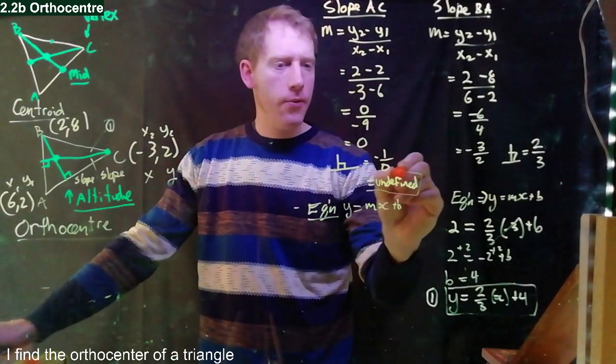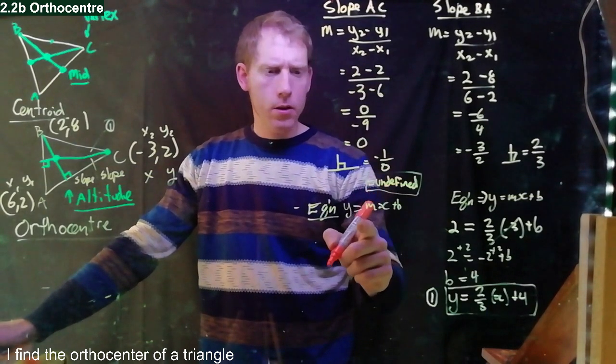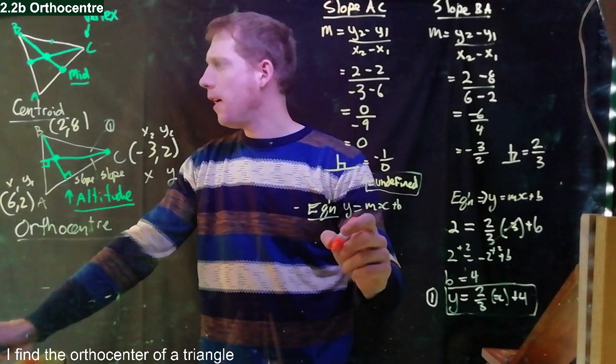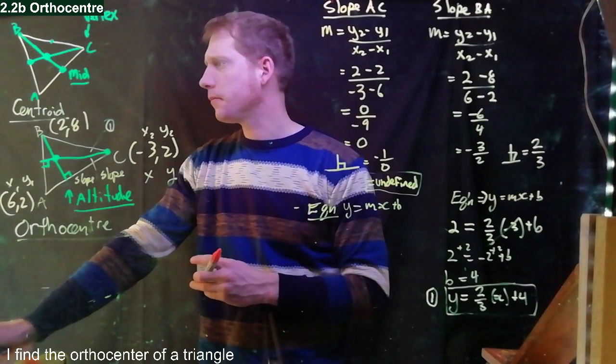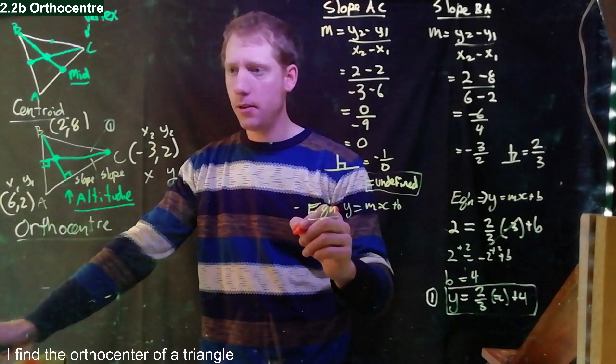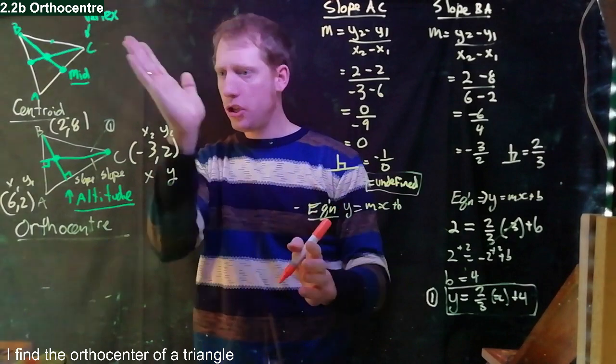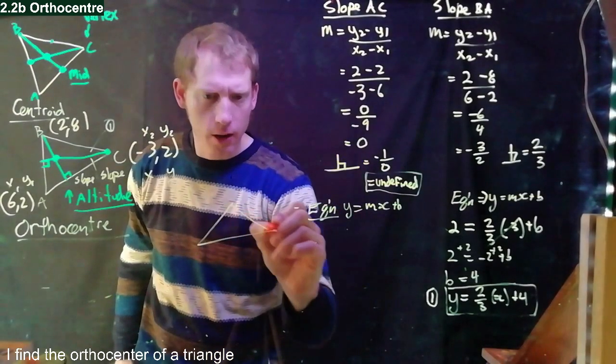So therefore, x is just going to be a constant. It's straight. It's like this. This is my triangle.